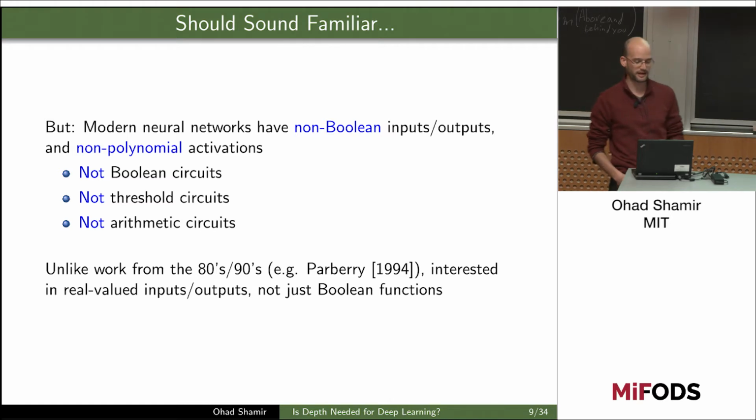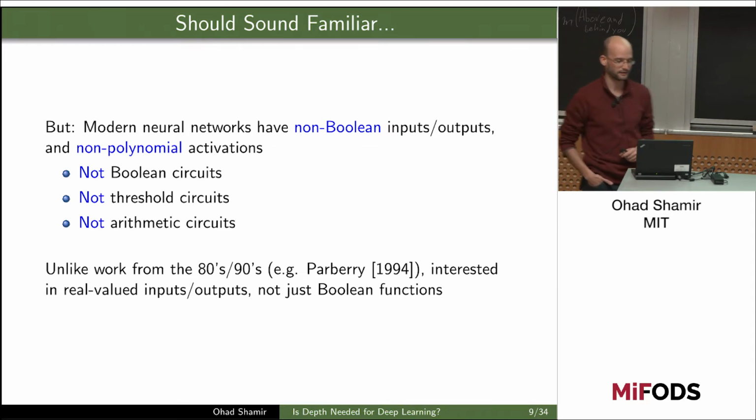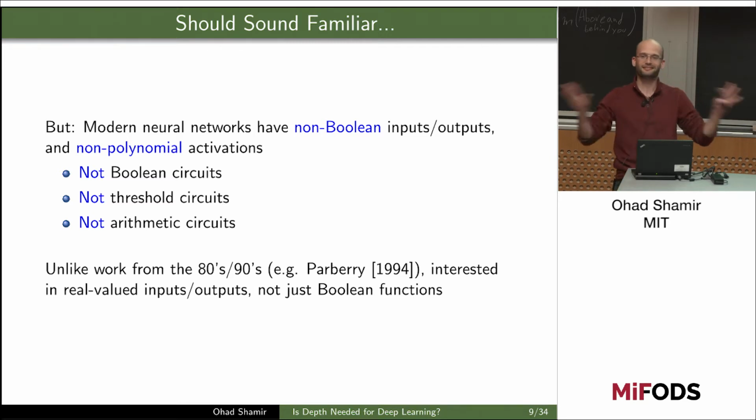And moreover, the activation they use are not polynomial functions. So because the inputs and outputs are non-Boolean, it's not Boolean circuits or threshold circuits. Because it's non-polynomial activations, these are not arithmetic circuits. And although it's not that these things are completely unrelated to neural networks, as we'll see, there are connections.